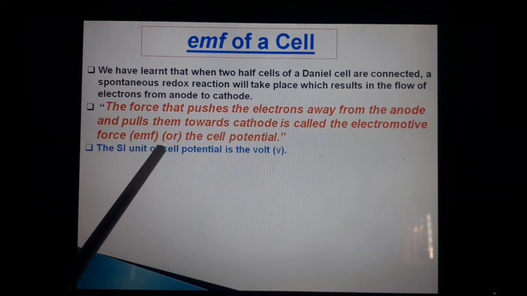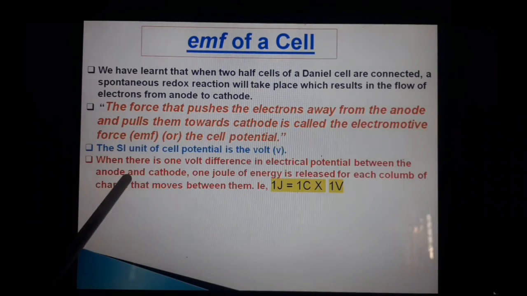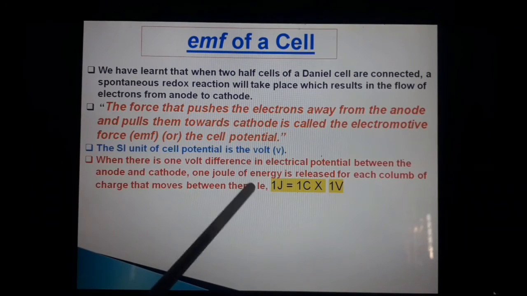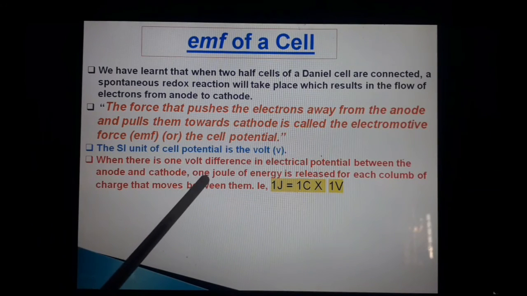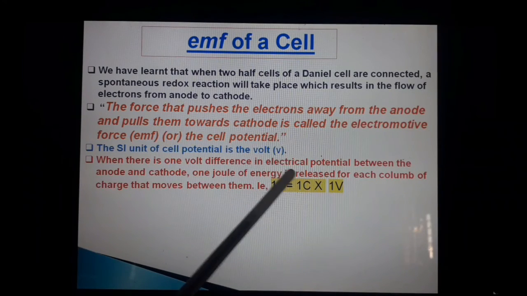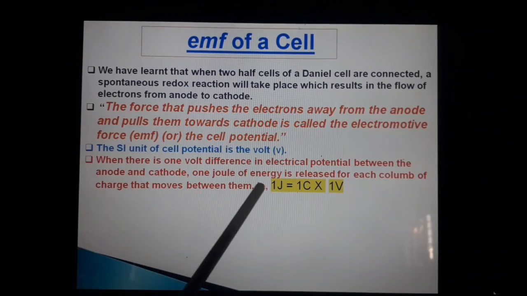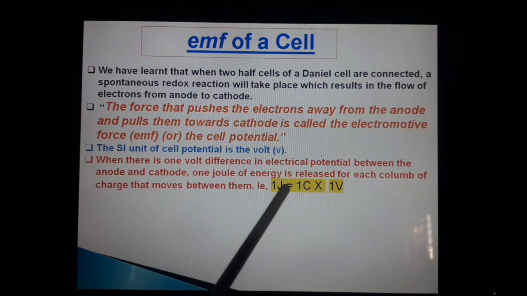Next, potential is represented in volts. A 1 volt difference in electrical potential between anode and cathode means 1 joule of energy is released for each coulomb of charge that moves between them. 1 joule is equal to 1 coulomb into 1 volt. That is the formula.